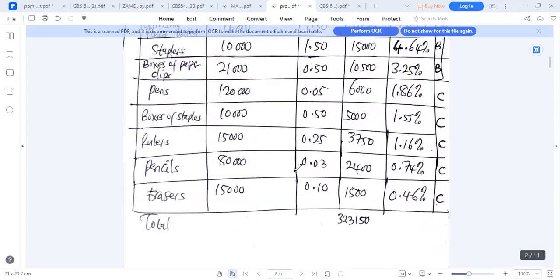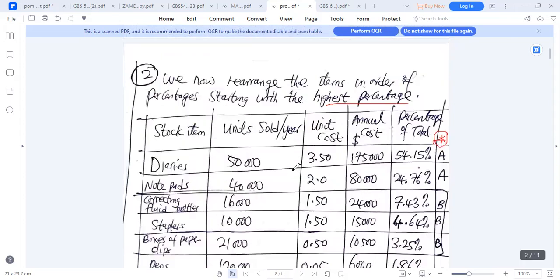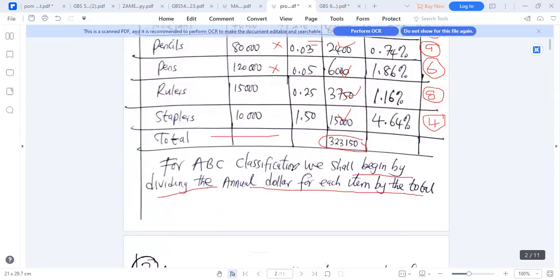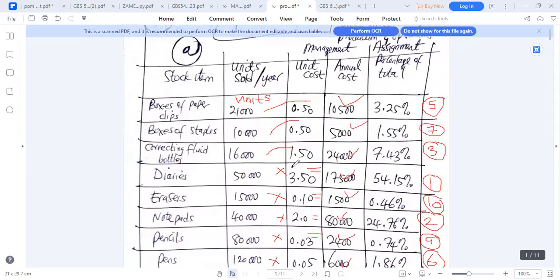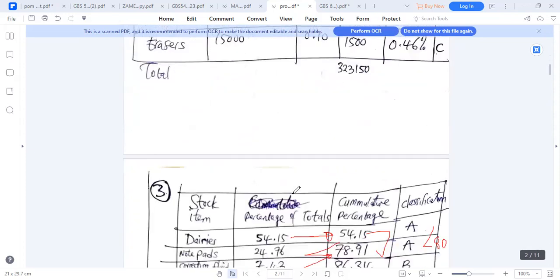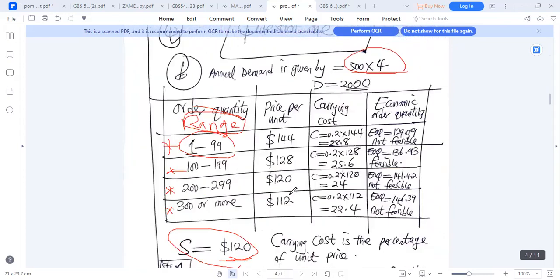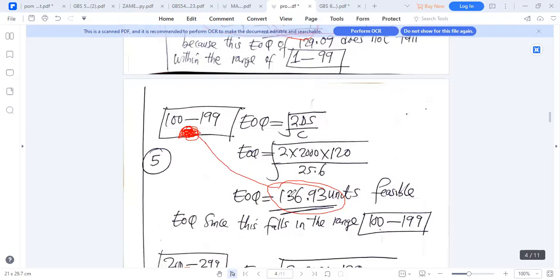You need to go through and understand that we take you slowly, bit by bit. We don't want to rush you in anything we do in this production and operations management course, because it's a build-up of quantitative methods as a prerequisite. So I'm sure you need to understand and go through what is happening.